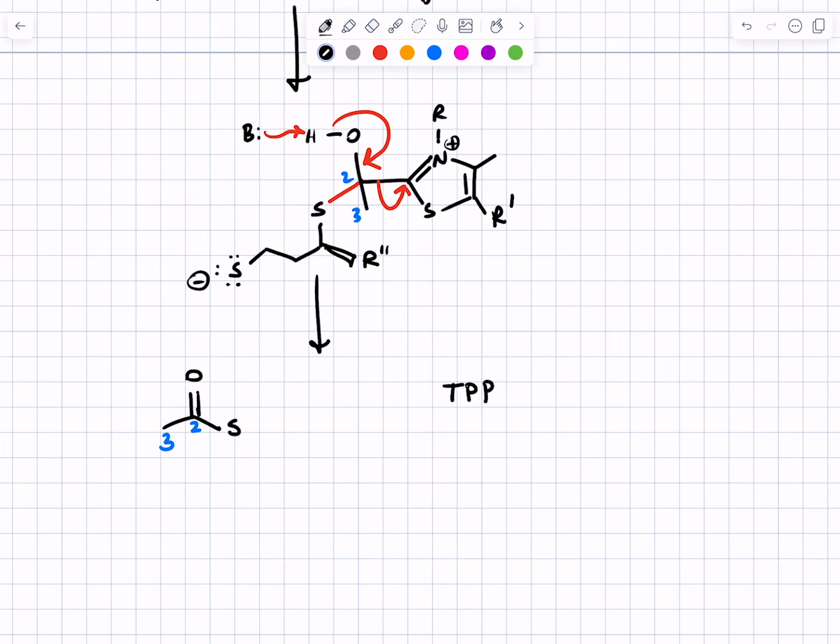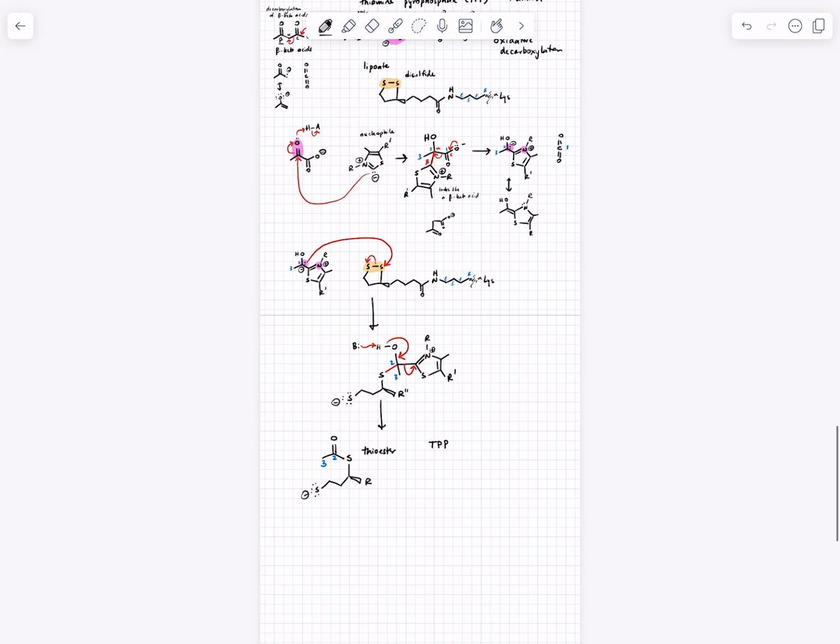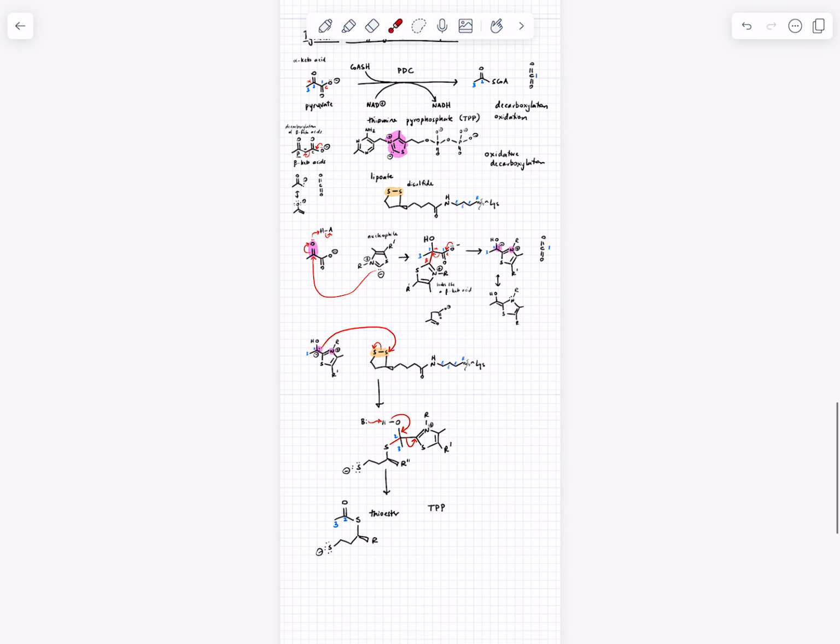It's an unusual thioester because it looks like this. But that's checked off. If you follow along what we wanted to start with, we started with pyruvate, and we wanted to lose CO2 and make a thioester.